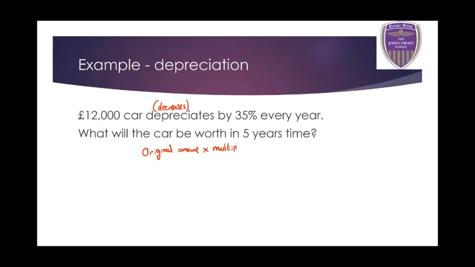We need to find the multiplier every time. And it's to the power of number of years. So our original amount is £12,000. Plug in the numbers, £12,000 multiplied. What is our multiplier? Don't rush into it. Work it out.